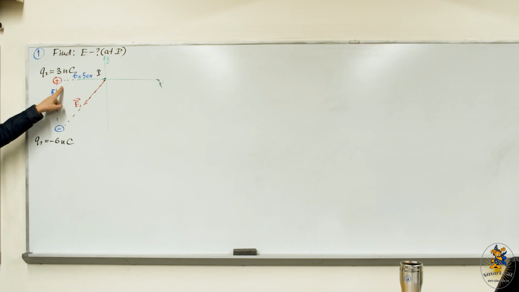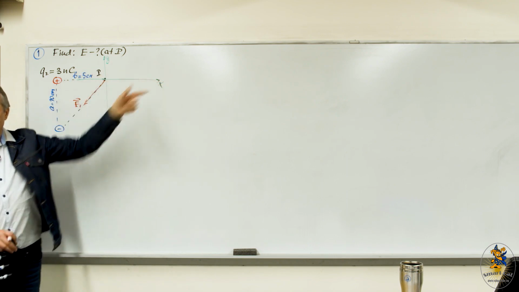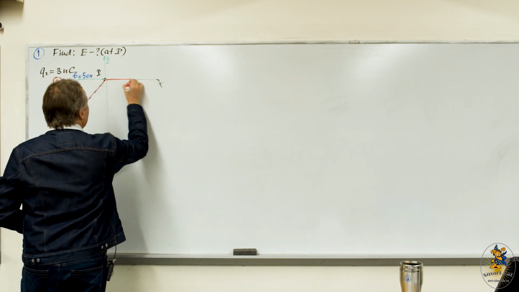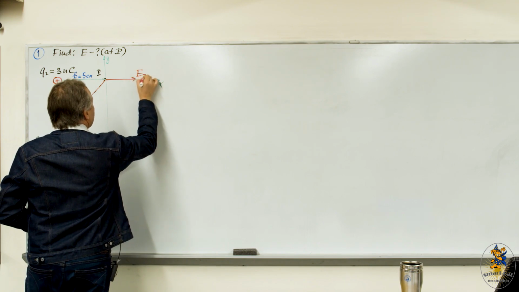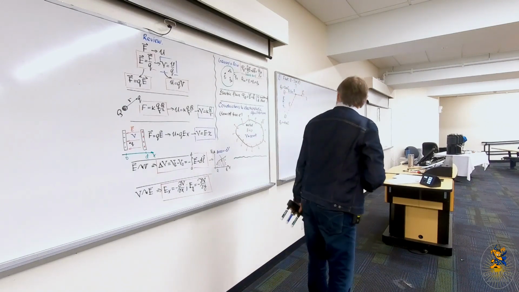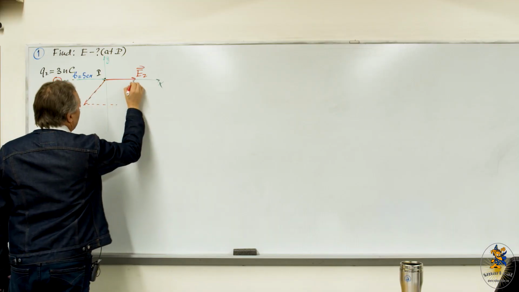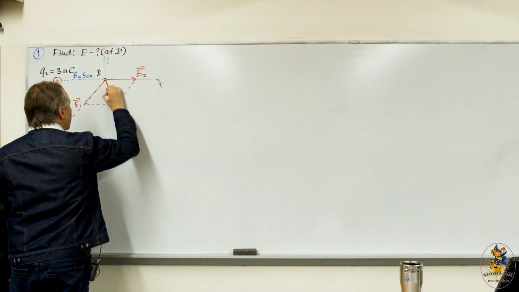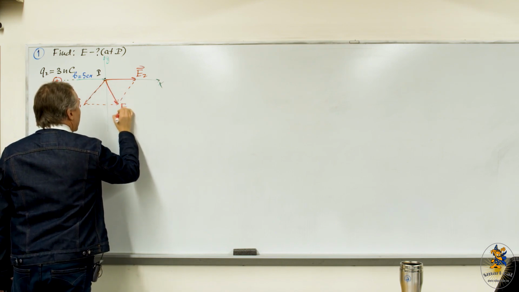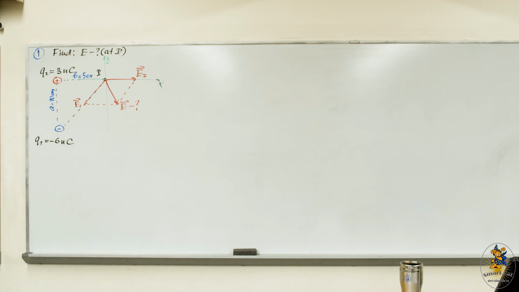Of course, electric field lines start on the positive charge and go to infinity. So as a result, the electric field will be this way. Let me label it as E2. And now, since we want to find the net electric field, we use the parallelogram method. So this will be our E, the net electric field which we want to find.